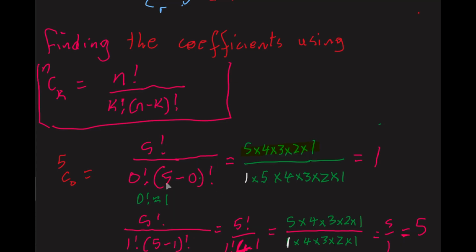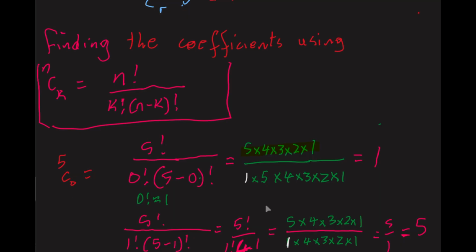And then in the denominator, we have 1, which represents the 0 factorial, times the 5 factorial here, that would be 5 times 4 times 3 times 2 times 1. If you notice here, all the numbers in the numerator are the same as the numbers in the denominator. So the product will be the same, and so that will be equal to 1 if you divide it out.